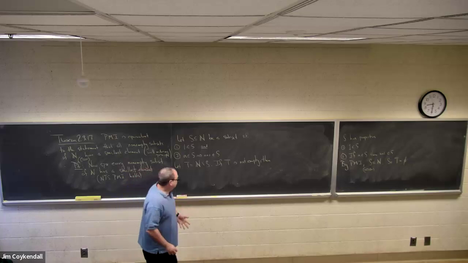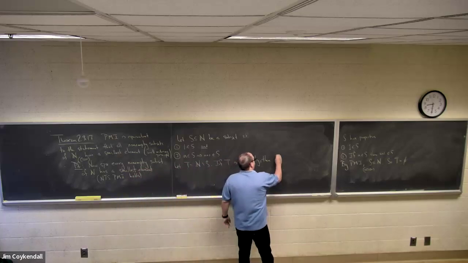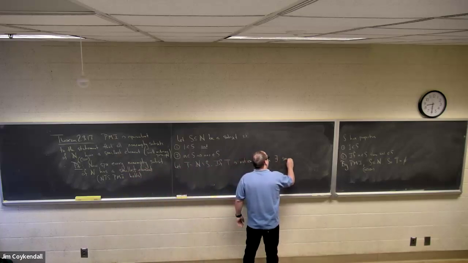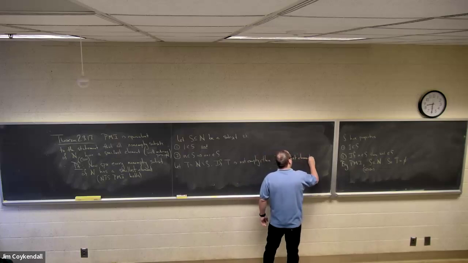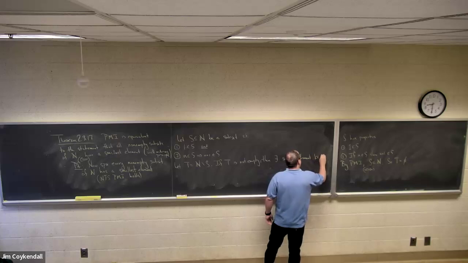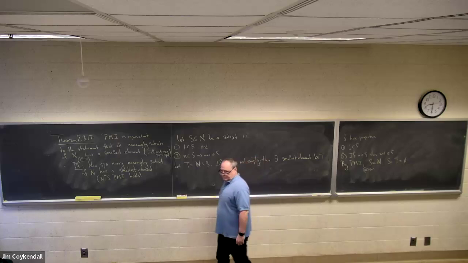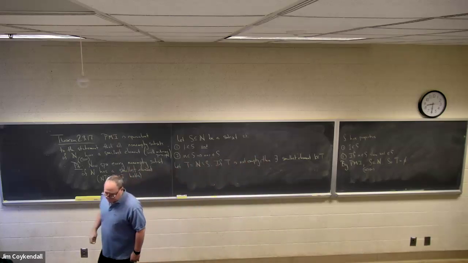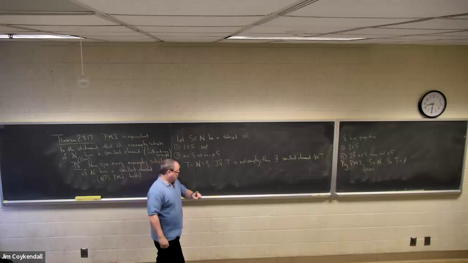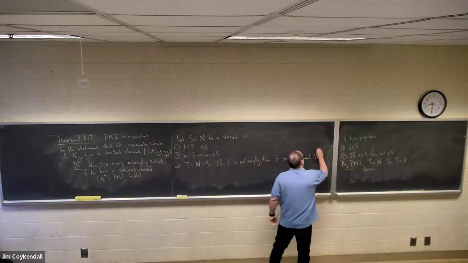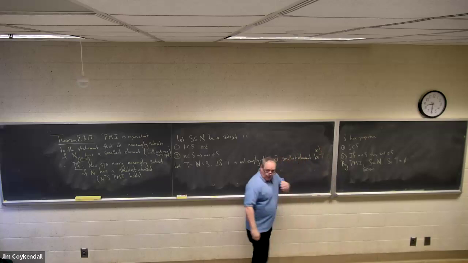So if T is not empty, then there exists a smallest element, K. By the way, let me point out that K cannot be one.